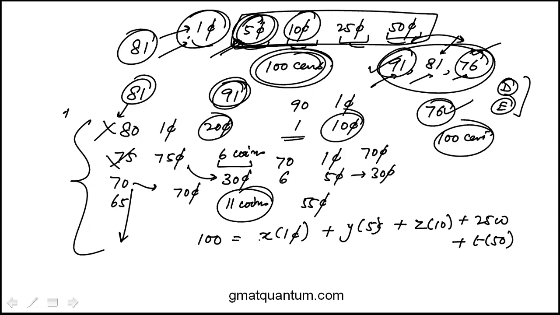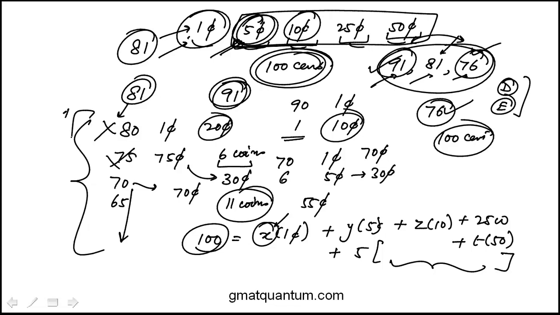Let me just drop the cent thing. Then you'll see that I can factor a 5 here. So this is a multiple of 5. And I have a multiple of 100 here. Since all of these are integer quantities, x also has to be a multiple of 5. So that was the key insight.